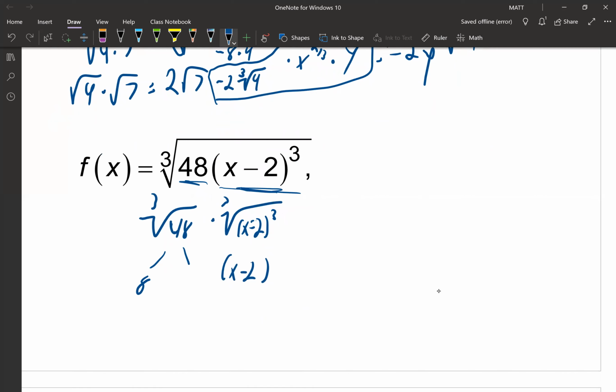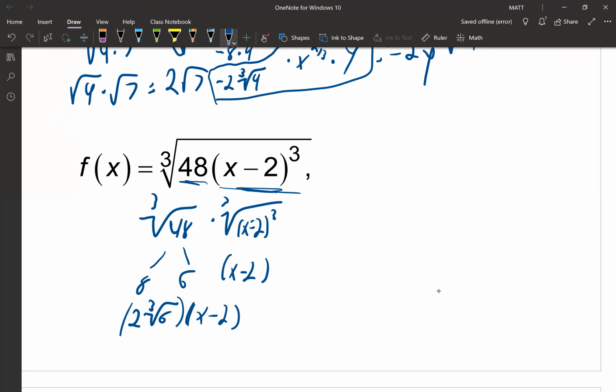That's just 8 and 6. So if I take the third root of 8, that's 2. The third root of 6, we'll just keep as the third root of 6. And that's multiplied by x minus 2. Okay, so that one was still pretty simple. We just have to factor it out and take any perfect powers that we can.